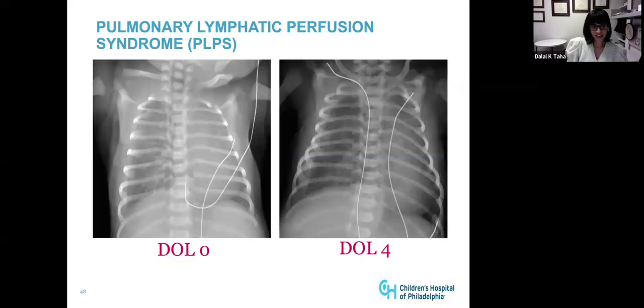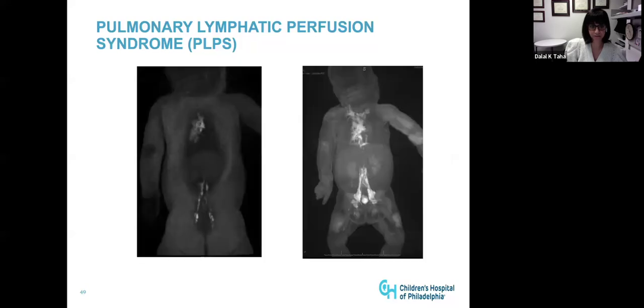Her day of life 0 X-ray is not clear, but there's not much of an effusion there. And then by day of life 4, when she started having more work of breathing, you could see that an effusion has developed on that right side. And so she went to have a DC MRL, which confirmed that her only lymph dysfunction is fluid flowing to that right lung.